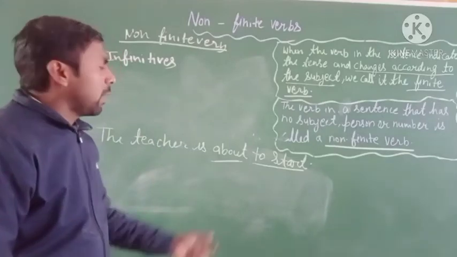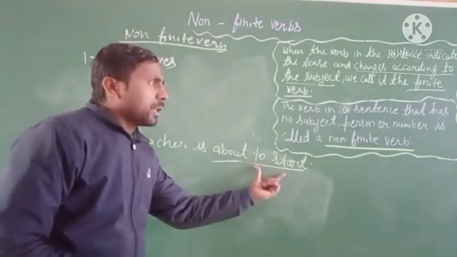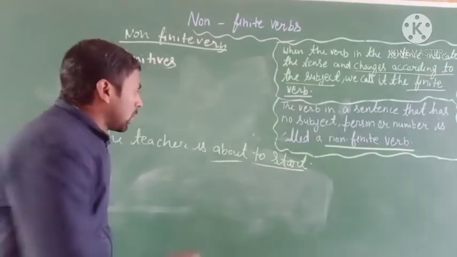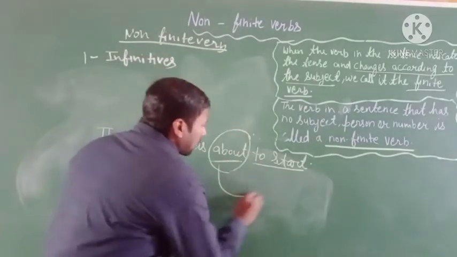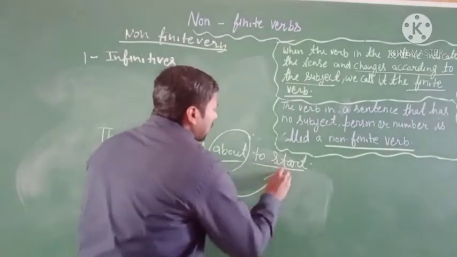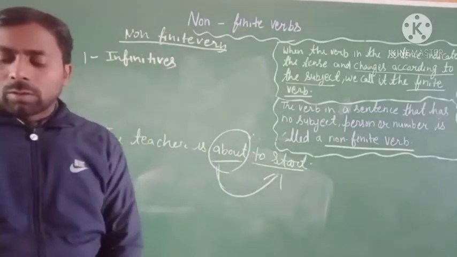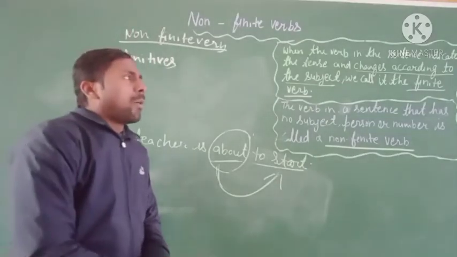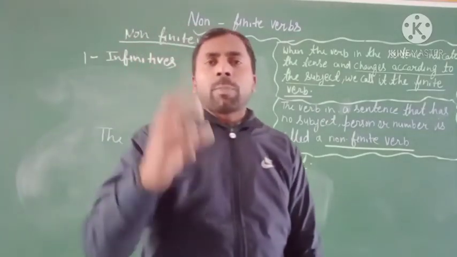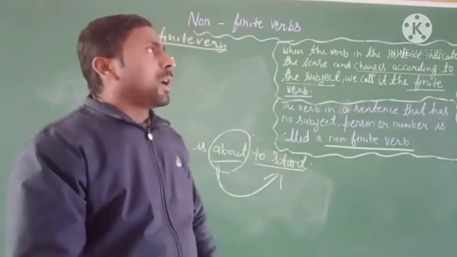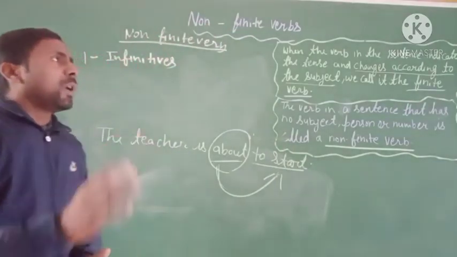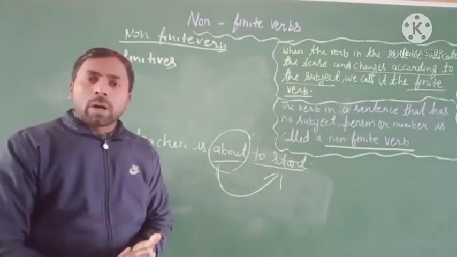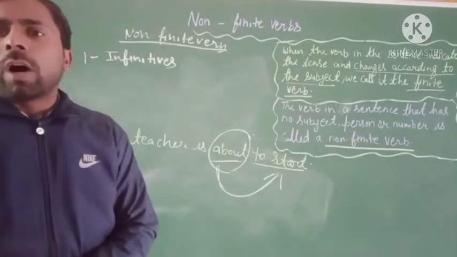So here the infinitive is to start and it is the object of a preposition. So this is referred to as the object of the preposition. And I think you have to know very well that a preposition is a word that is used before a noun or pronoun. Clear? So I hope you all understand.